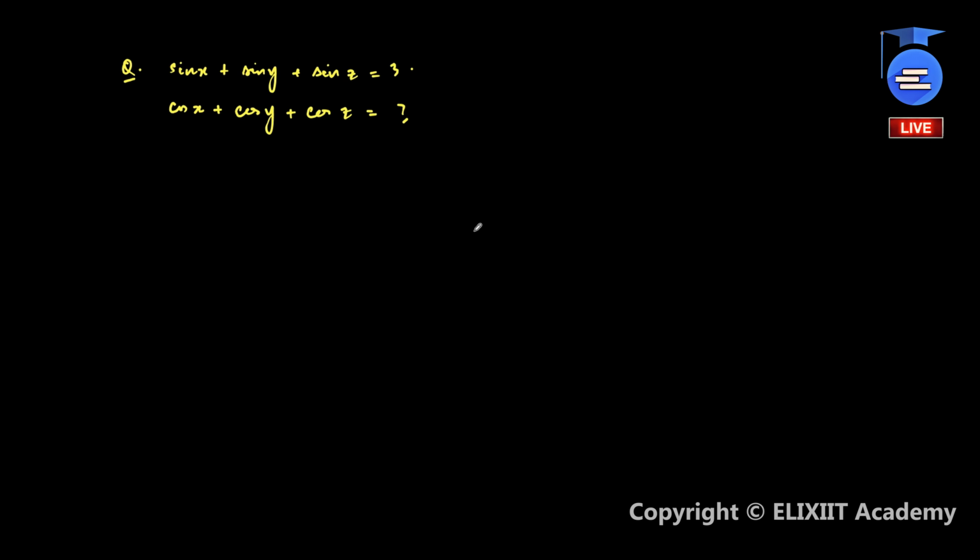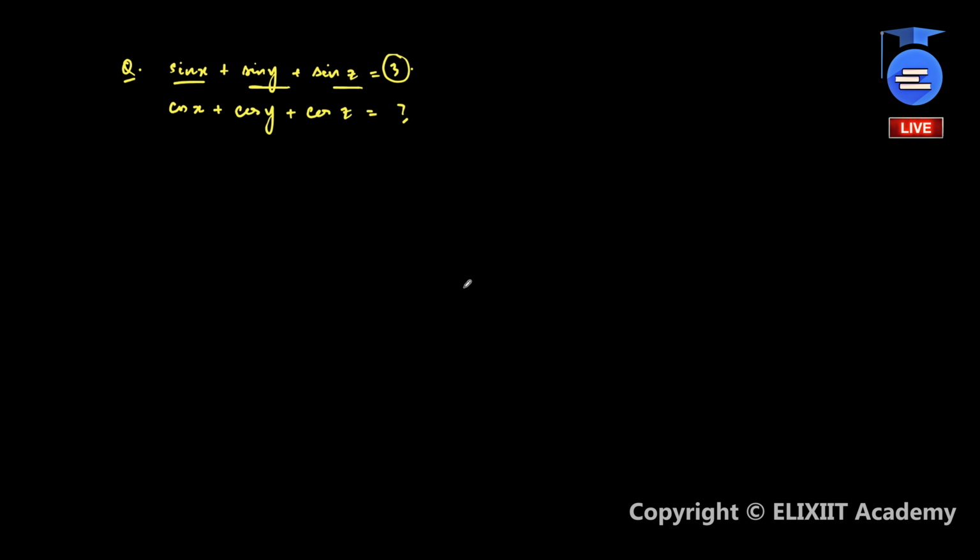For any theta, sin theta cannot go beyond 1 or -1. So we are going to use this concept. Over here, sin x plus sin y plus sin z is equal to 3.